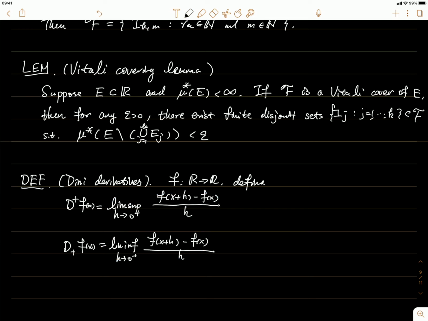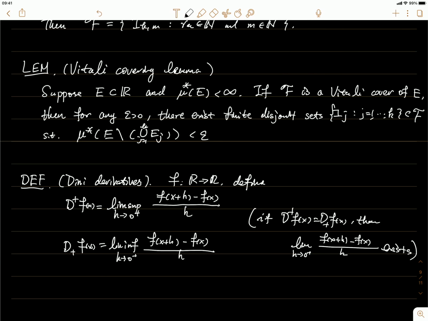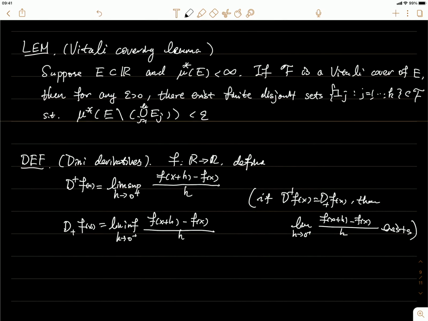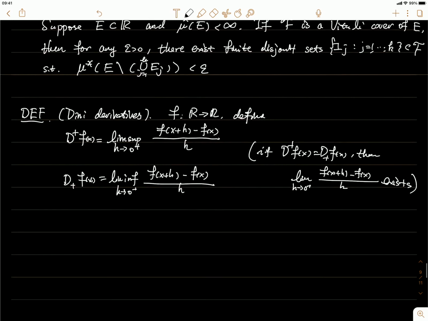So if the upper D plus f of x equals the lower D plus f of x, then the limit of f of x plus h minus f of x over h as h goes to 0 exists, and this value is equal to the common value of these two. In this case, we say the function f is right differentiable at the point x.